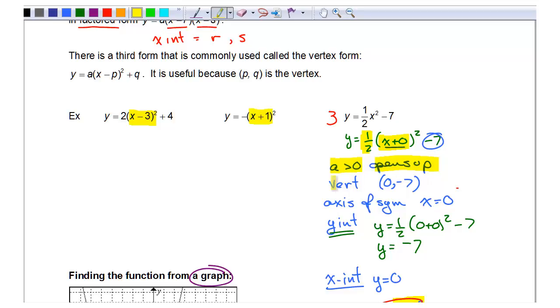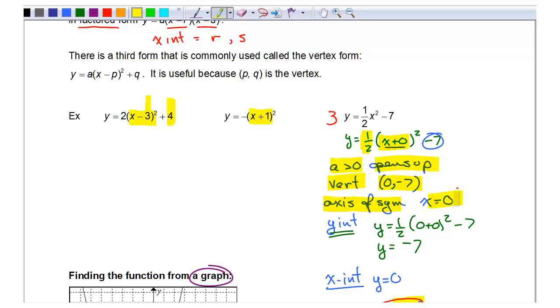Our vertex, like example 1 where we had the 3 and the 4, was 3, 4. In this case, our vertex is 0, negative 7. Just like before, the axis of symmetry passes through the x-coordinate of the vertex, so our axis of symmetry is x equals 0.